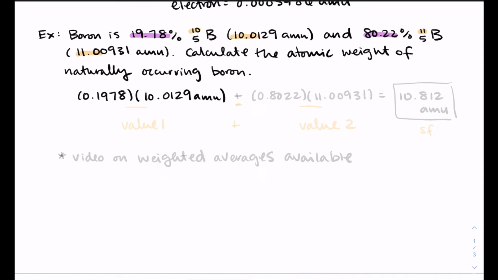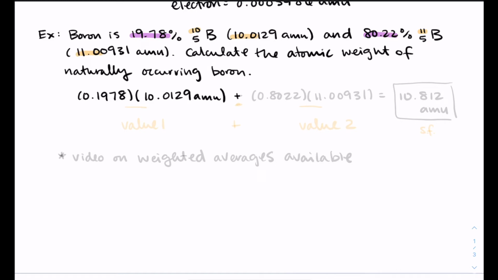So out of the 100% of the sample, out of the whole sample, 19.78 of it is boron 10. It's up to you how you set up your calculation. I personally think it's a little bit easier to do the decimal, but it's completely up to you as long as you don't forget to divide by 100 if you need to.